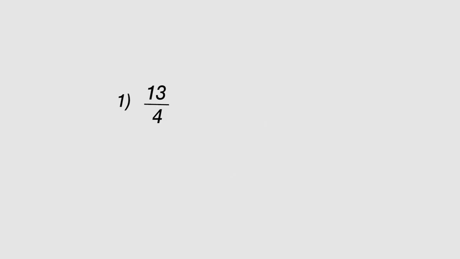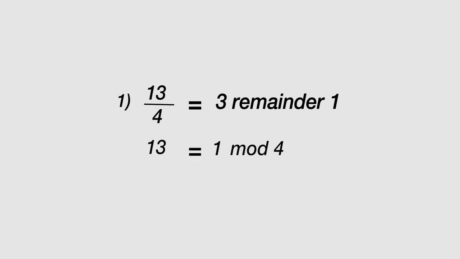So for instance, if we want to write 13 in mod 4, we divide 13 by 4, and that gives us 3 remainder 1. And therefore we say 13 is equal to 1 in mod 4.